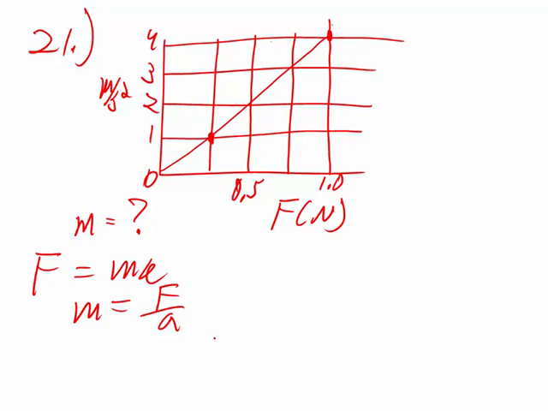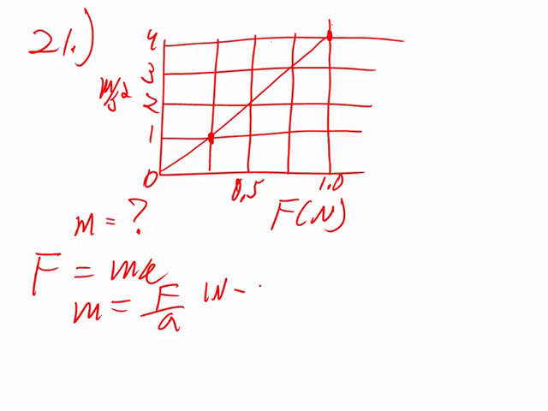All right. So let's do the slope here. So let's take F1, which right here is 1 newton, minus, what is this going to be, 0.25 newtons?